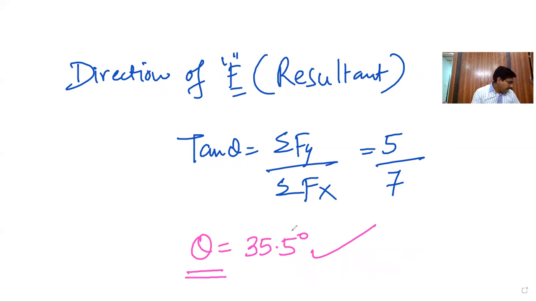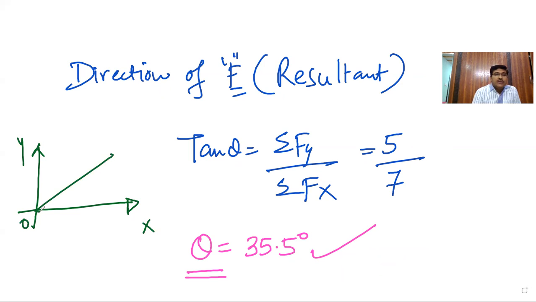Okay. Clear? With respect to the x-axis. Observe this resultant, the x-axis, the origin. I am showing this resultant total F of all the forces with respect to the x-axis.